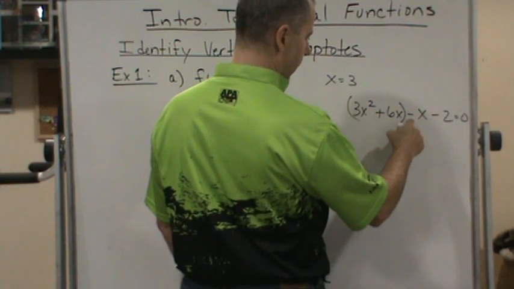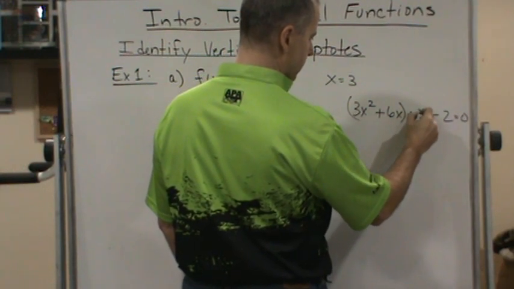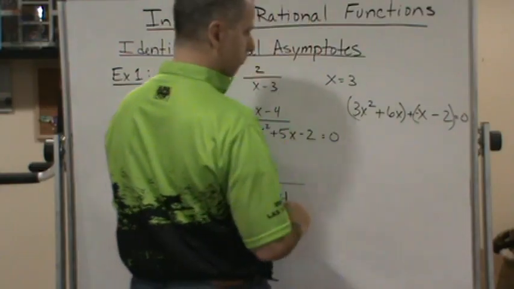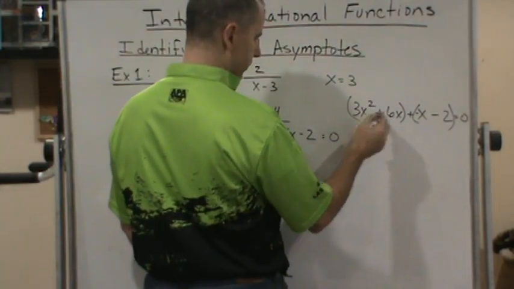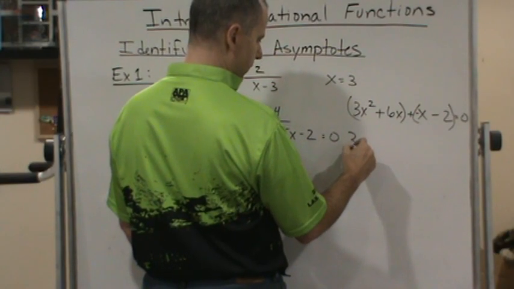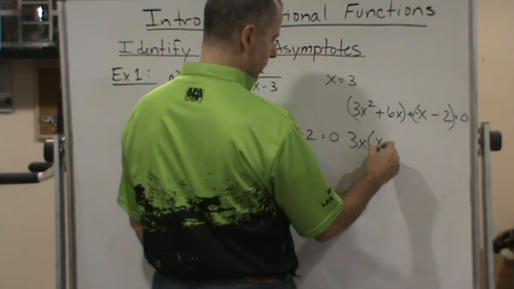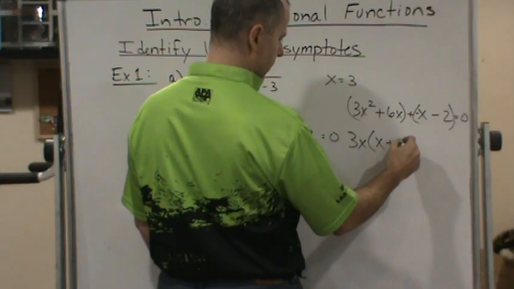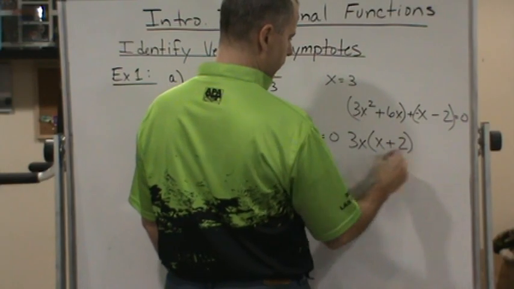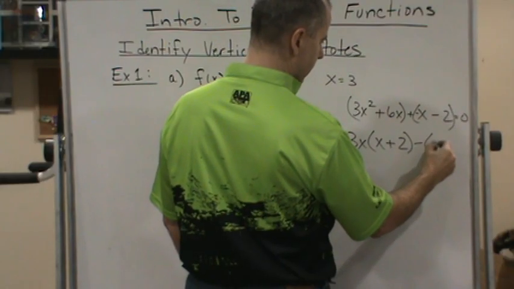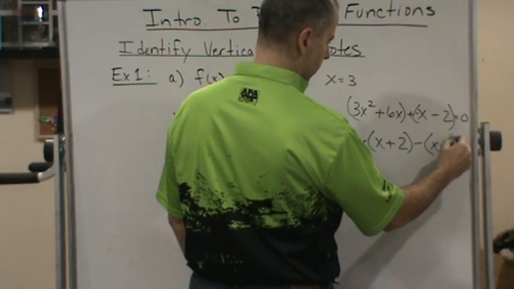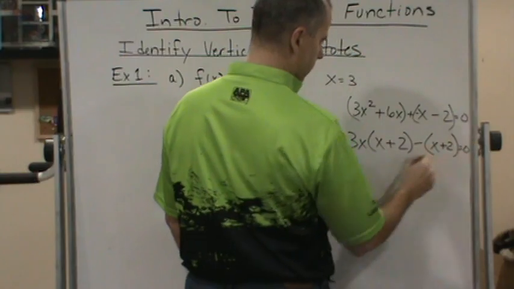Now I'm going to factor this part, which is going to give me 3x times x plus 2. And then I'm going to factor out a negative 1 here, so minus x plus 2 is equal to 0.